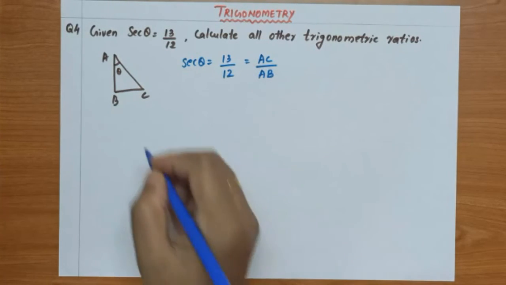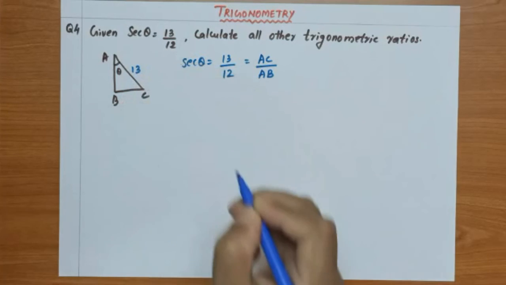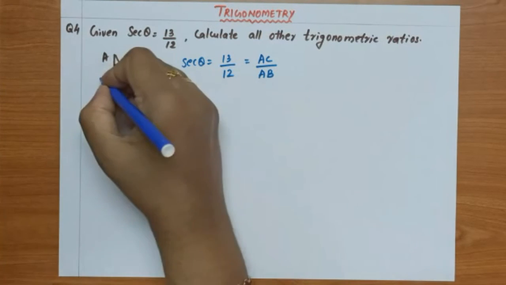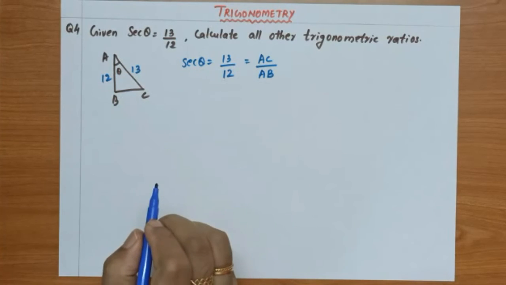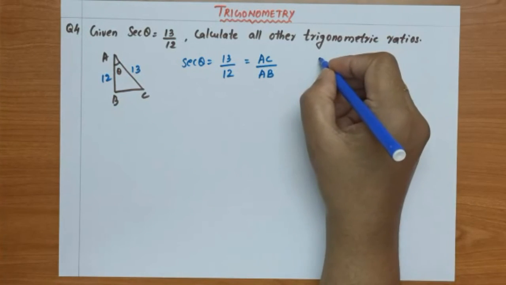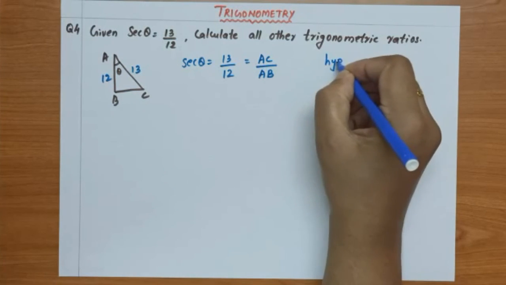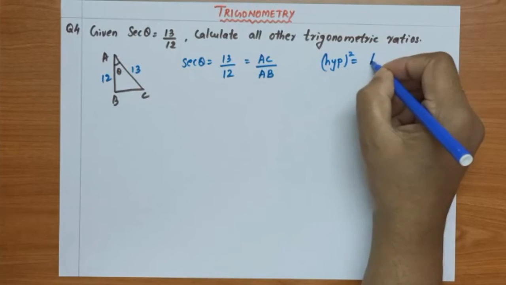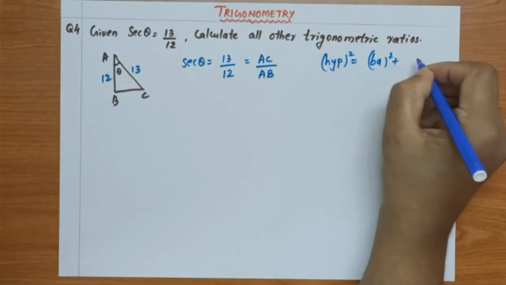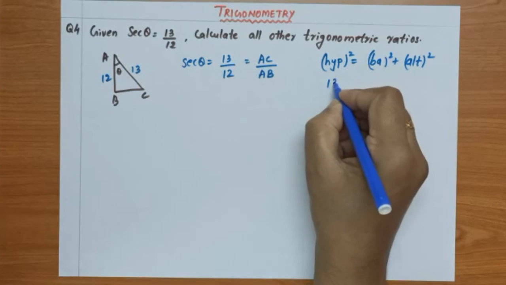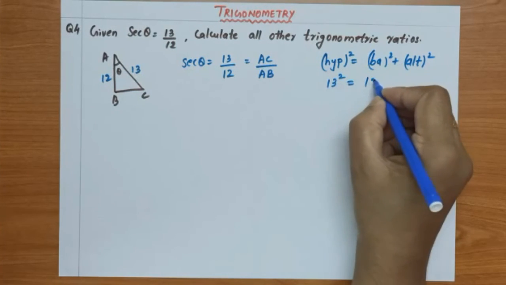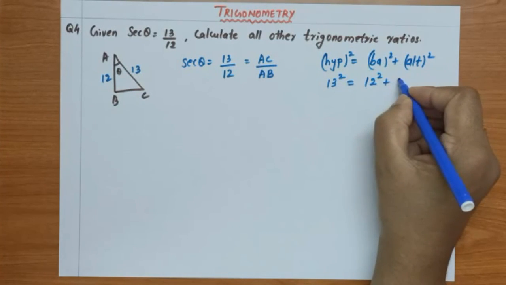So AC we got 13 and AB we got 12. So we have to find out what is BC using Pythagoras theorem. Hypotenuse square equal to base square plus altitude square. So hypotenuse is 13. 13 square equal to 12 square plus altitude.